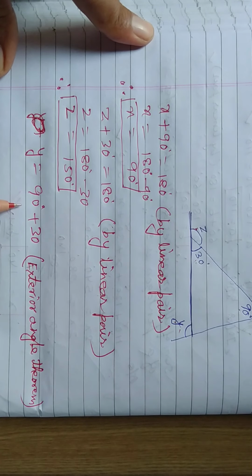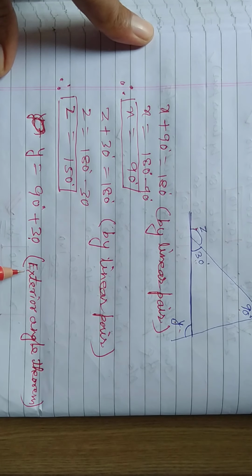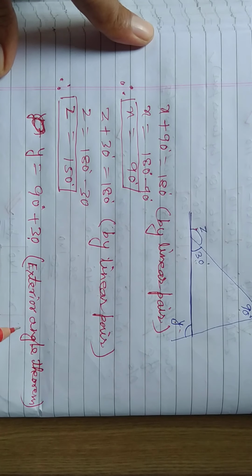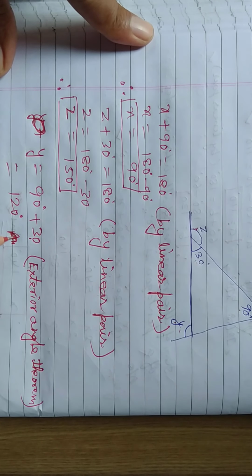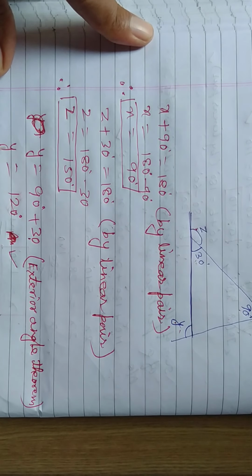Okay, y is equal to 90 plus 30 due to the exterior angle theorem. 90 plus 30, you add it, 120 degree. This is the answer of the value of y. The value of y is 120 degree.